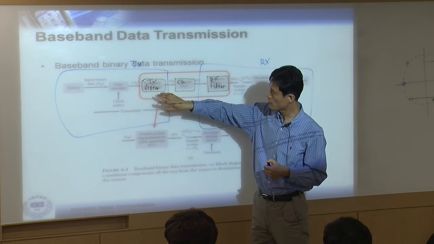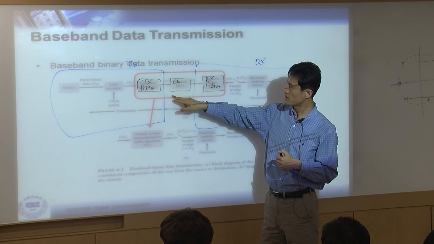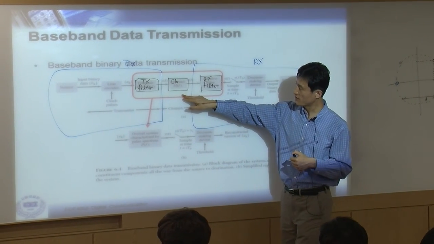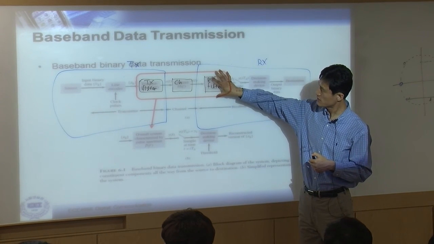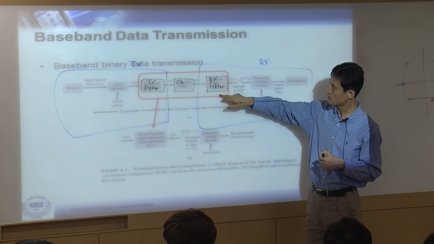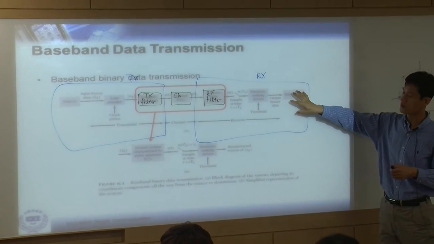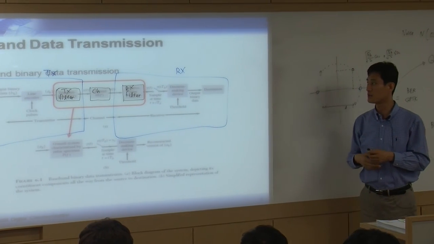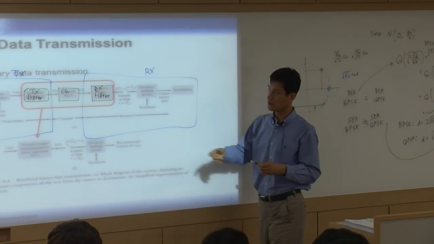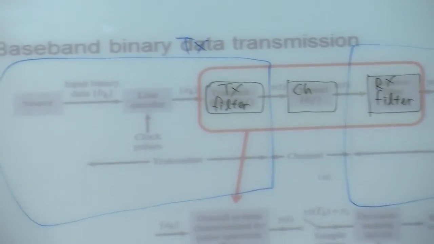After that, you go through the transmit filter and then transmit. The transmitted signal goes into the channel. After the channel, you receive it. After you receive through the antenna, it goes to the RX filter and then on to the decision-making device or some destination. And you recover the original information. So the whole thing is sequential, from left to right.